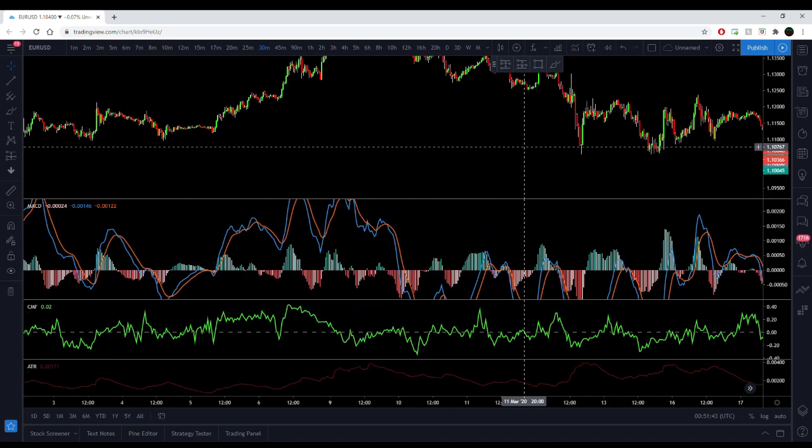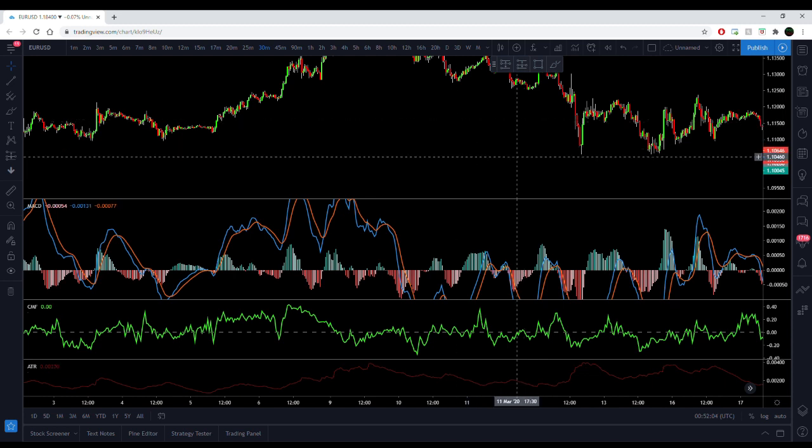But anyway, that's a new strategy that I'm going to be testing 100 times to see how it performs, since I haven't done one with the ATR for stop loss, and I haven't done one that's not using the 200 EMA. So we'll see how this goes when I do have some time to test it out.